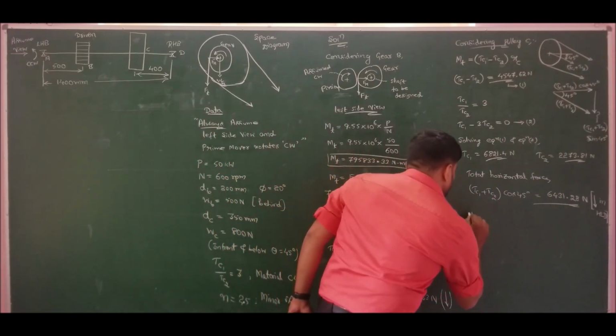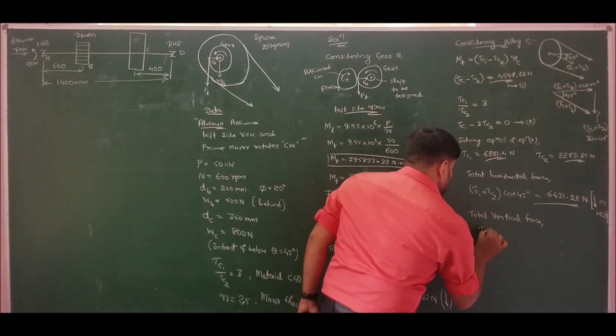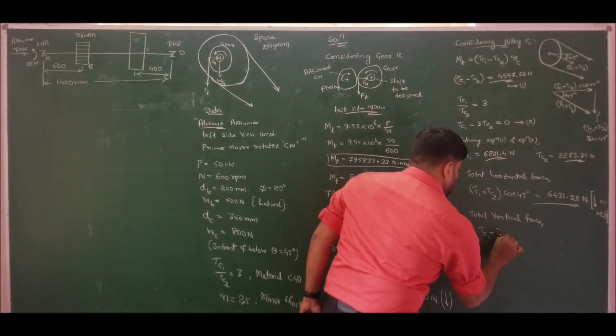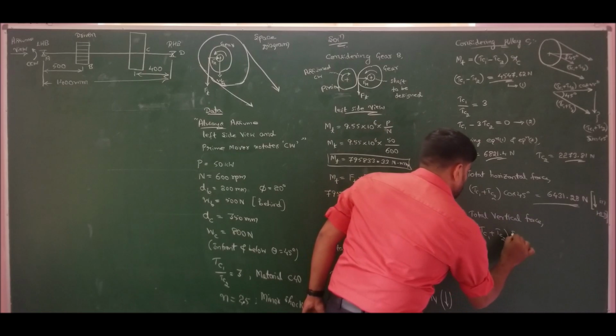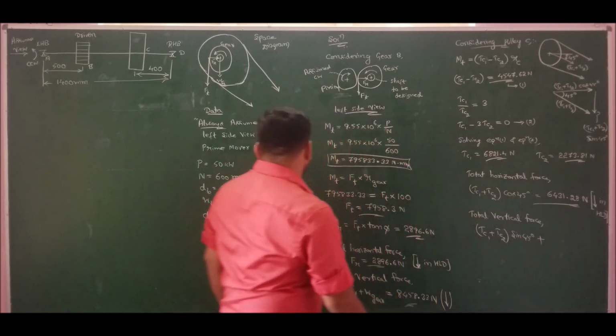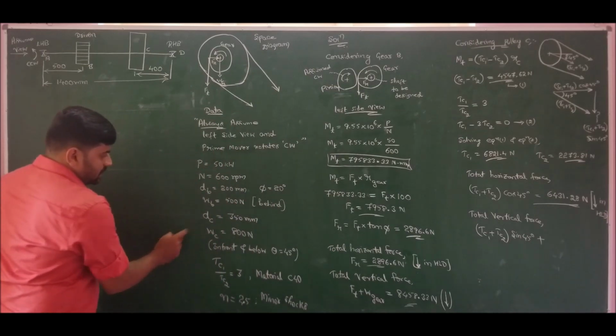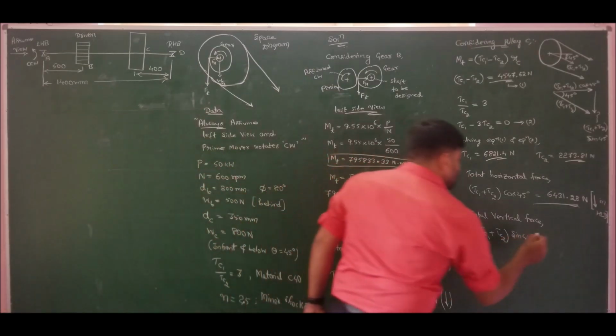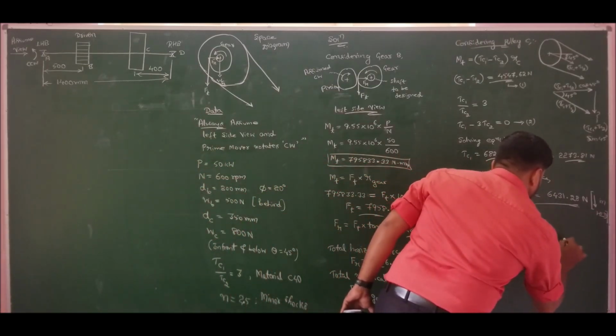Now coming to the total vertical force, we have (TC1 plus TC2) sin 45 degrees plus the specified weight Wc.